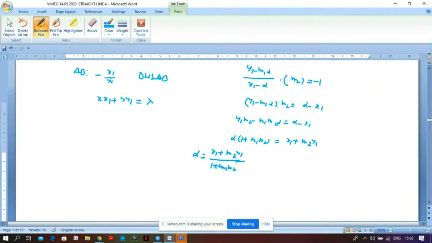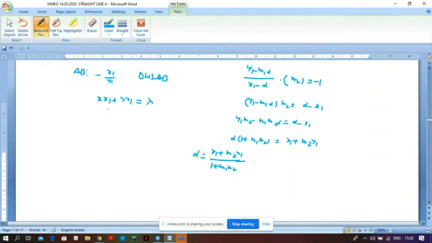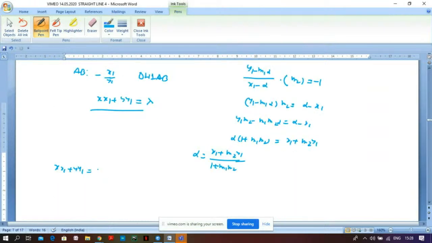That's my alpha. Now the line passes through the point (alpha, m1 alpha). So I can write x1 x plus y1 y is lambda, and it passes through (alpha, m1 alpha). So lambda is alpha times x1 plus m1 alpha times y1, that is alpha times (x1 plus m1 y1).